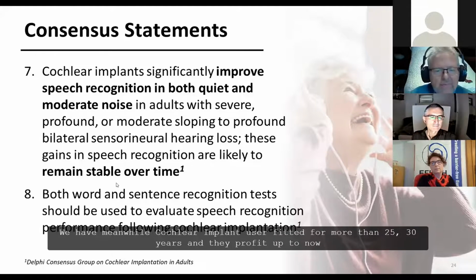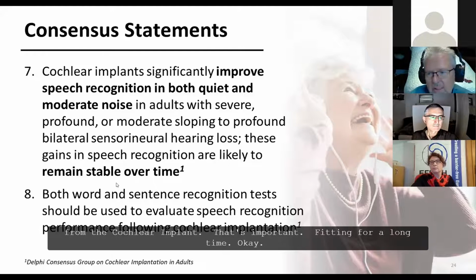Meanwhile we have cochlear implant users who have been fitted for more than 25 or 30 years, and they profit up to now from the cochlear implant. That is important, so we have a fitting for a long time.